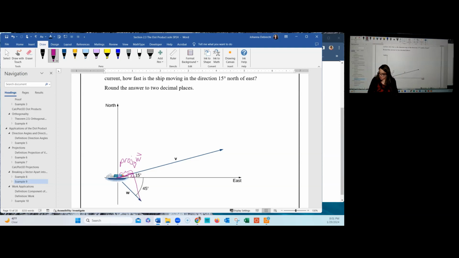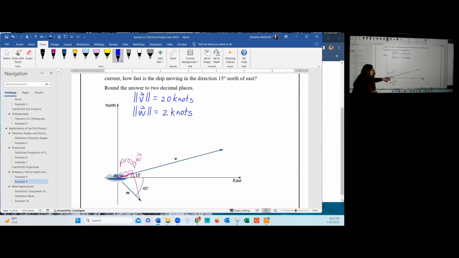So the first thing we want to do is write down the magnitudes of the vectors that we have. So the magnitude of V is the 20 knots, right? That's how fast it's moving in that direction. And the magnitude of our current, maybe pushed by the wind, is 2 knots. So those are the measures of the magnitudes of the vectors.